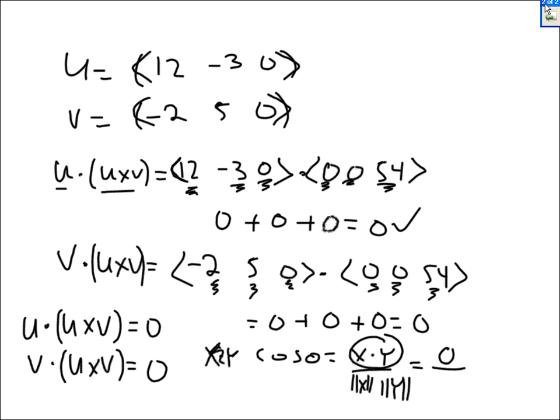And the lengths of x and y, both of them are non-zero. So their product will not be 0. 0 divided by not 0 is 0. And if the cosine of an angle is 0, then the angle is 90 degrees. That means the vectors are orthogonal. They meet at right angles. They're perpendicular.